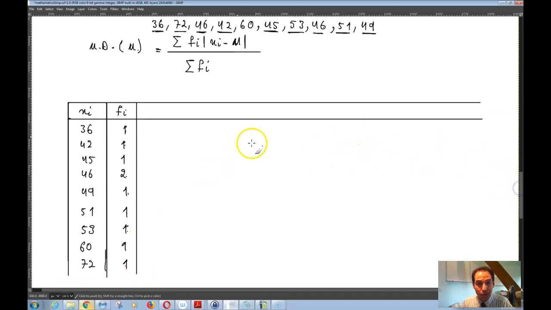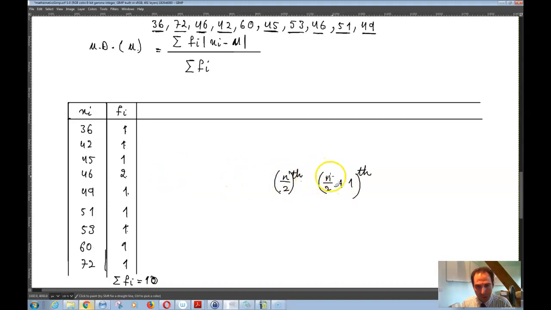So next, I want to find the median of this data. The sigma f of i is equal to 10, which means the number is even. When n is even, the n divided by 2th observation and the n divided by 2 plus 1th observation are the medians, and then you take the average of those two.